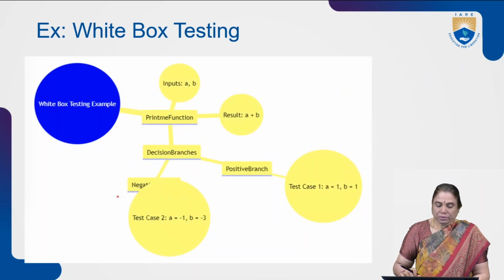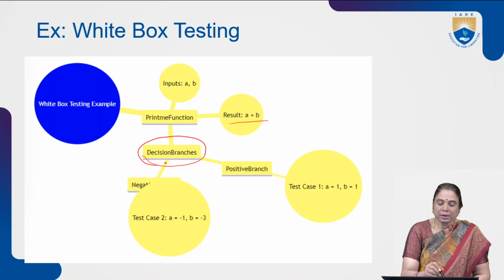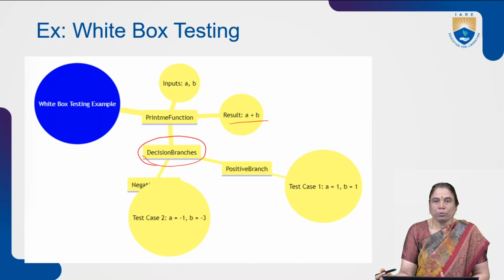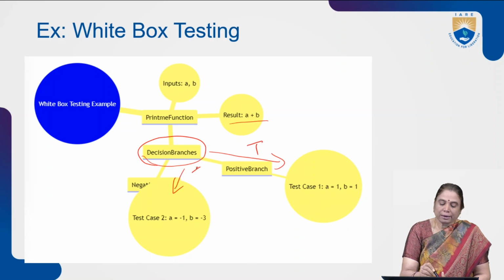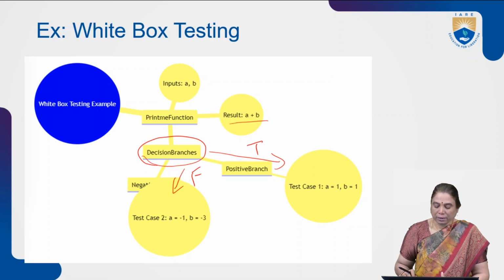How is black box testing considered here? We have input taking, and here the print function, the result is a plus b, and here the decision or condition is checked. The predicate or condition can have two alternative paths, a true path as well as a false path. The positive path is the true path, and this is the negative path, that is the false path.